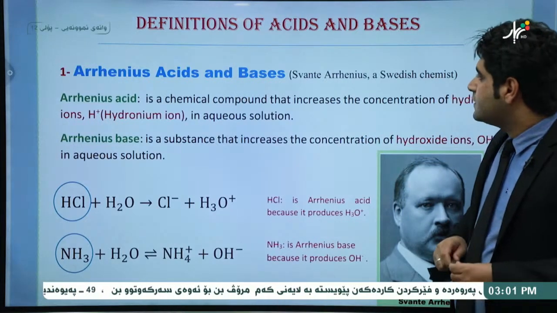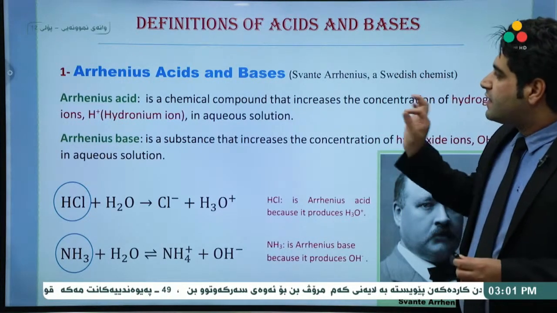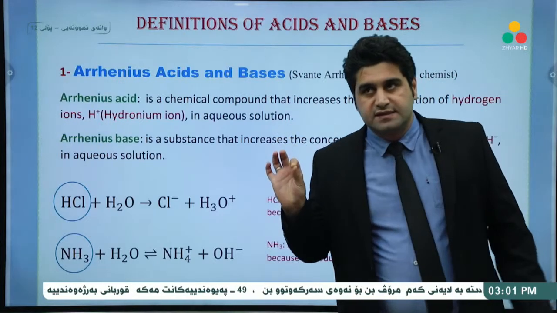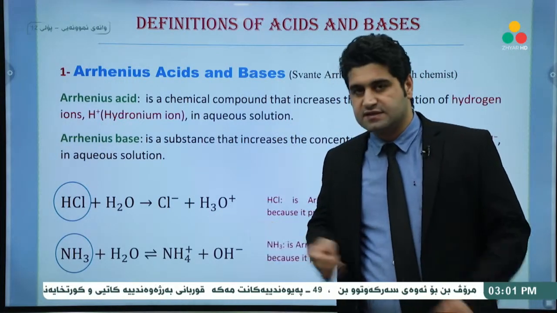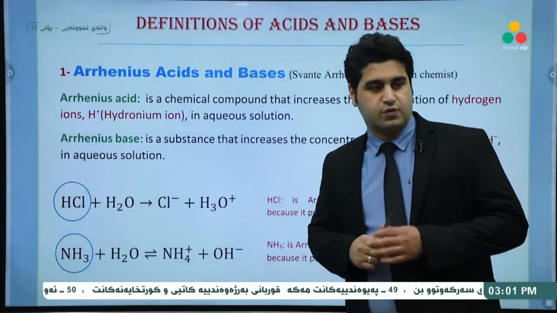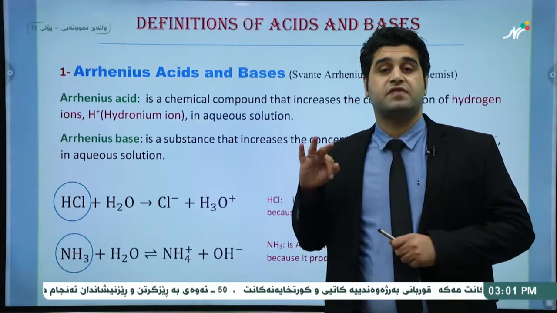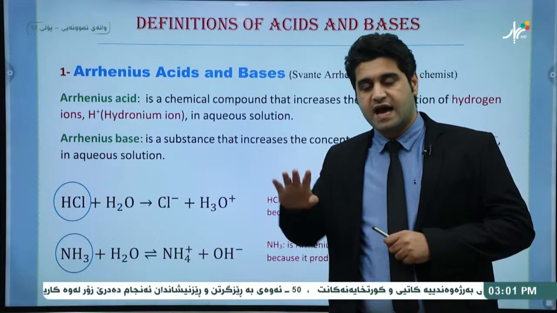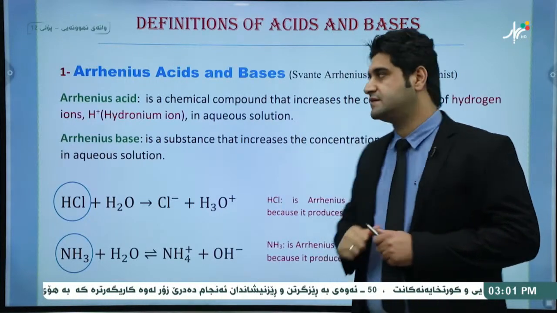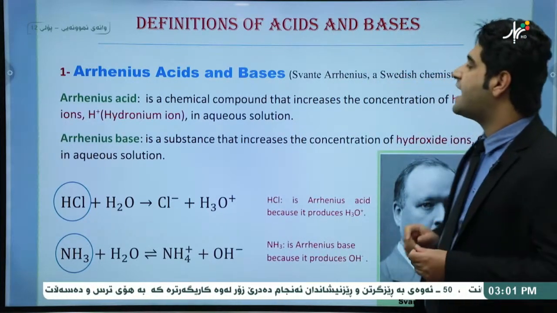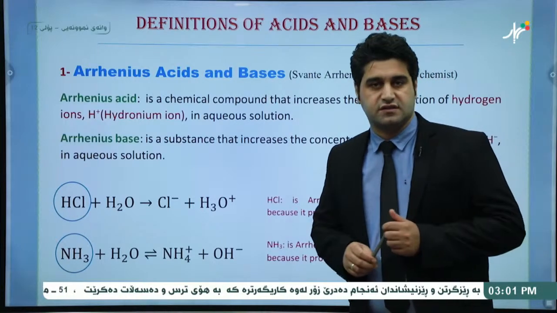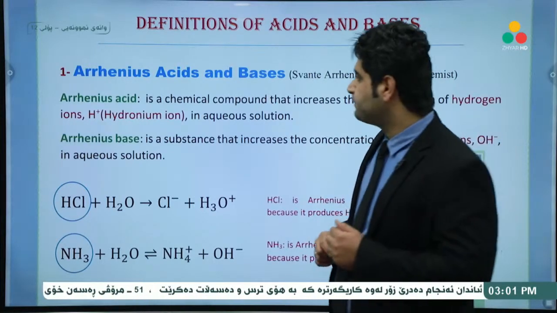But for today, we will discuss according to what basis we call some compounds acids and some compounds bases. For that purpose, we have three definitions, three theories, which are Arrhenius acid-base, Brønsted-Lowry, and Lewis.